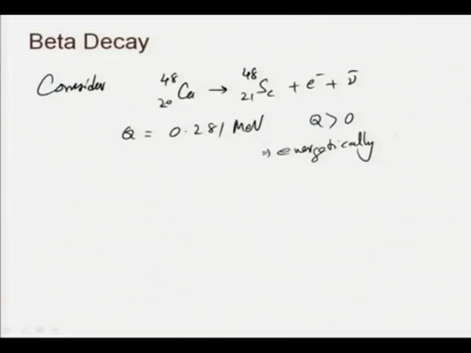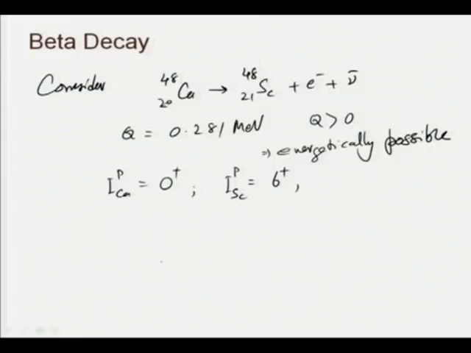But the I P value of calcium 48 is 0 plus, and I P of scandium 48 is 6 plus in the ground state.